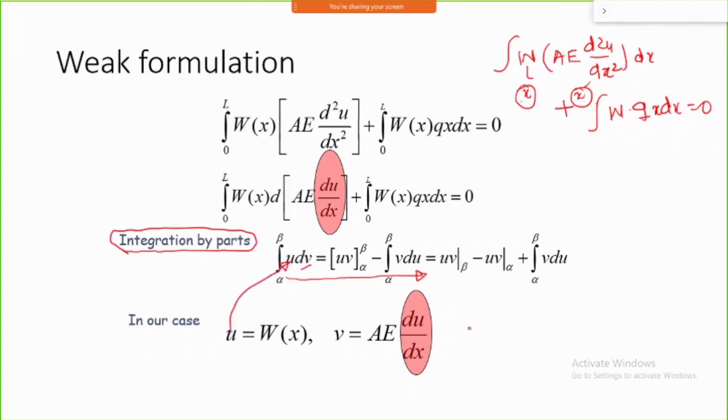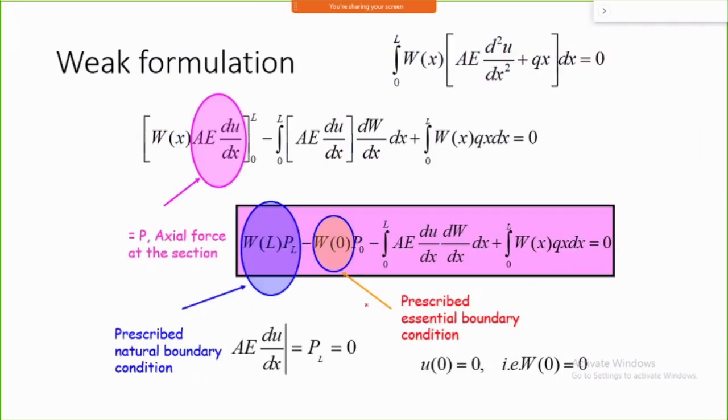V is assumed to be a du by dx, which means dv will become ae into d2u by dx square. Understand? That's what is here. V is assumed to be a du by dx. So now you can substitute into this and get an integration of it.